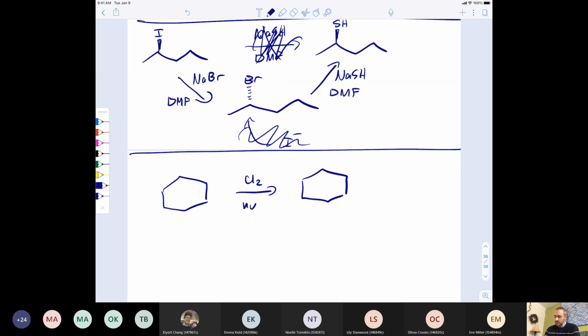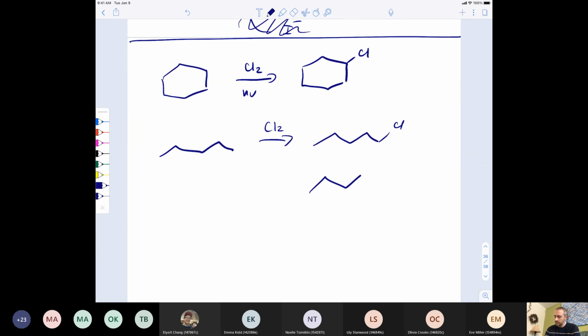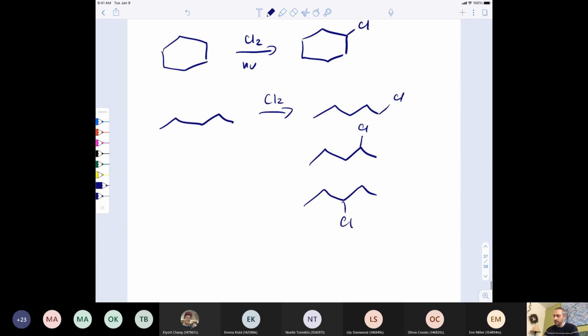And in that case, you could use bromine anyway. Right? So that'd be fine in a case like this, but in a case like that, Cl2 is no good because you'd get Cls all over the place here.